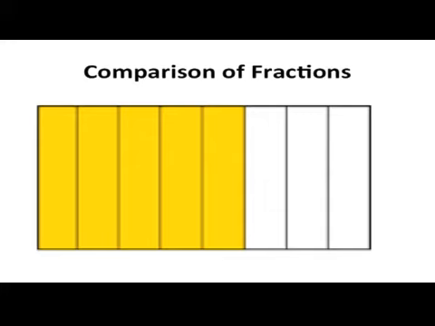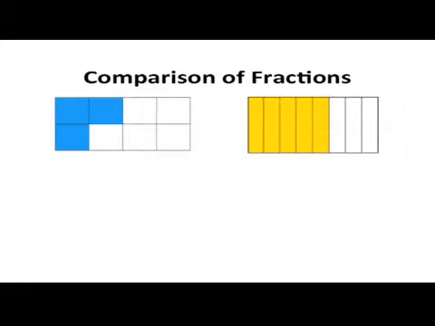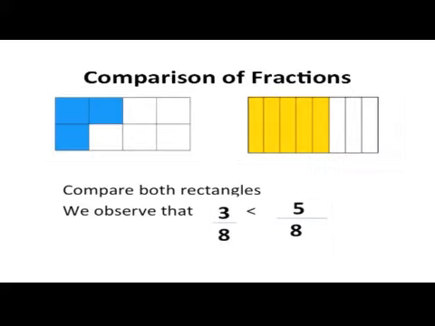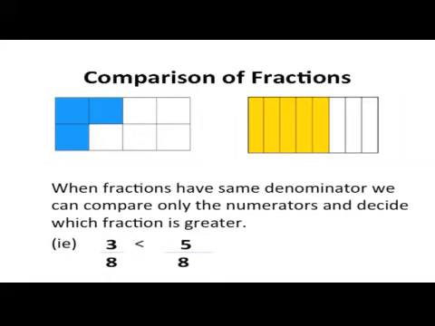Shade 5 parts on the rectangle. Comparing both the rectangles, we observe that 3 by 8 is lesser than 5 by 8. When fractions have the same denominator, we can compare only the numerators and decide which fraction is greater. Therefore, 5 by 8 is greater than 3 by 8.